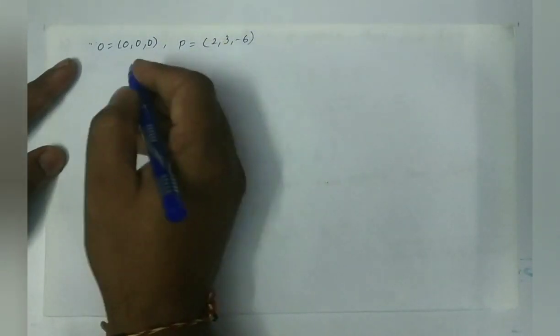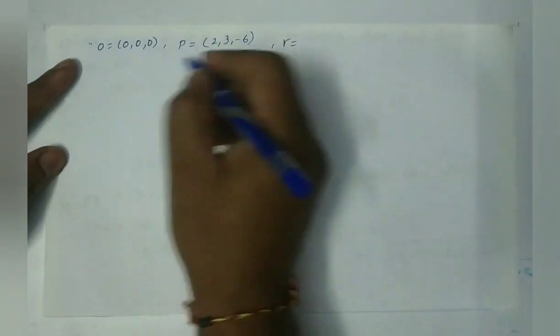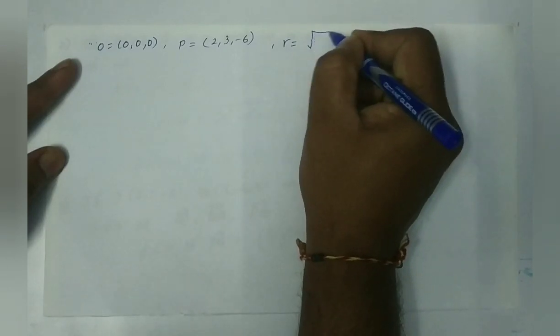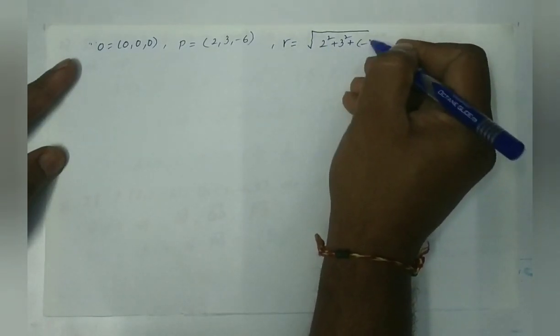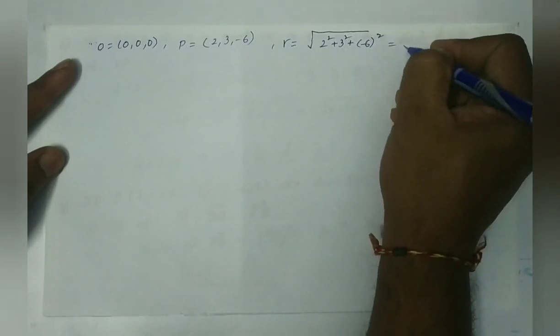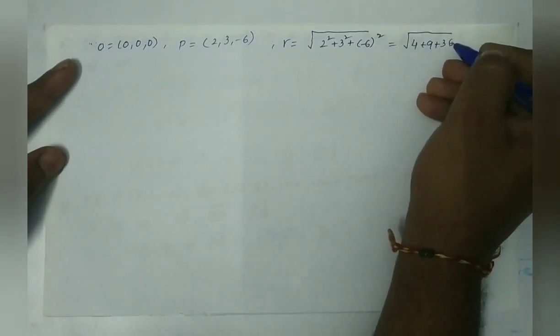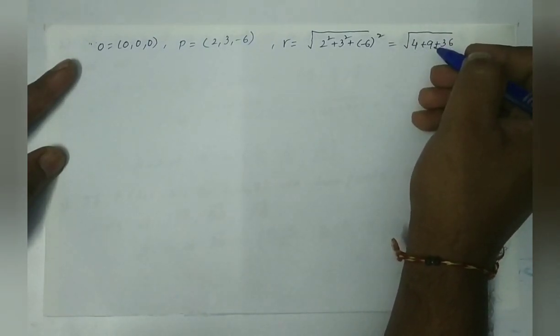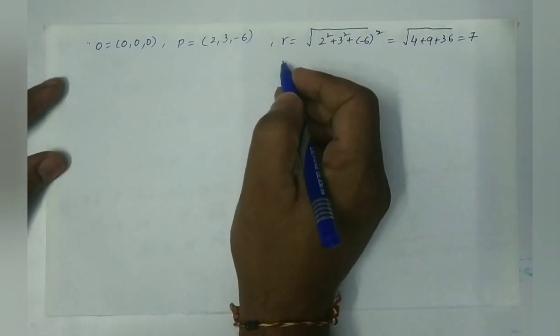First we have to find the distance between these two points. r is nothing but the distance between these two points, that means under root of 2 square plus 3 square plus minus 6 whole square, which is equal to under root of 4 plus 9 plus 36, that is 49. Root 49 is nothing but 7. So r is nothing but 7.